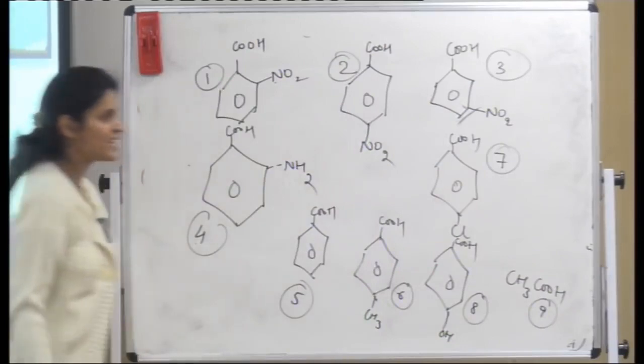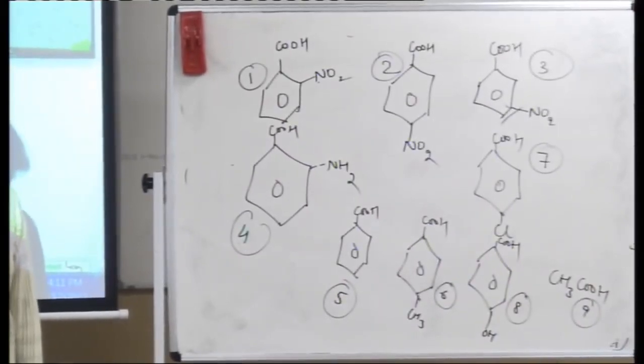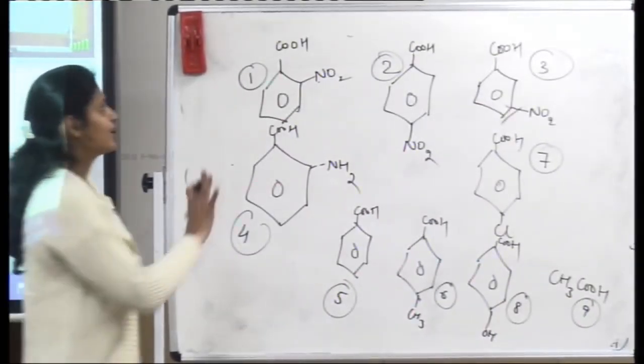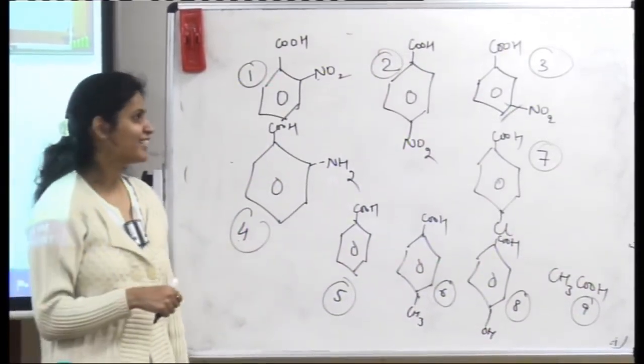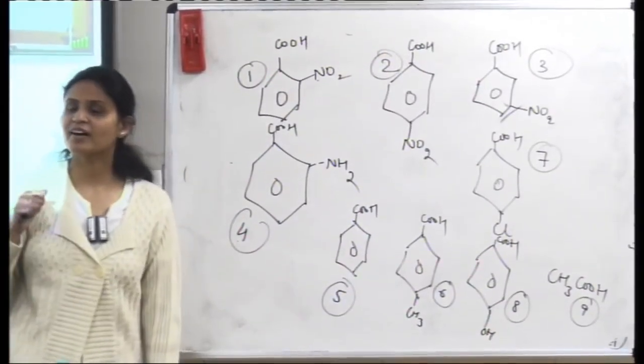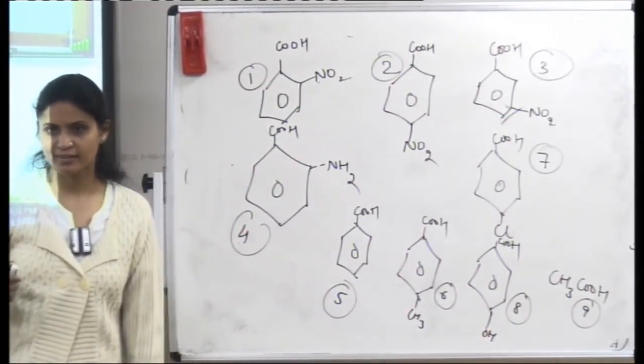Now you have to place these acids according to their acidic strength. It is clear that electron donating is weaker. Always remember it's a thumb rule. Now it depends on the ortho and para position, whether the carboxylic group is meta-directing or ortho and para-directing.